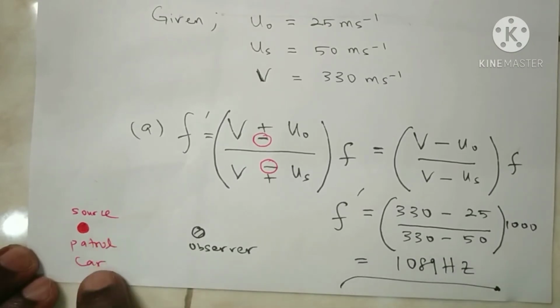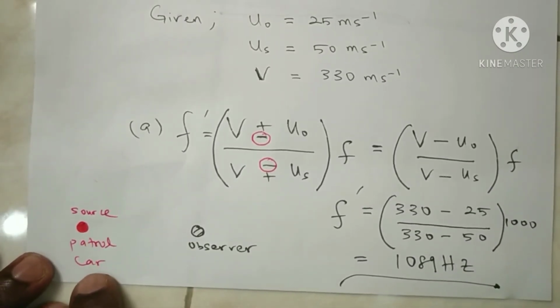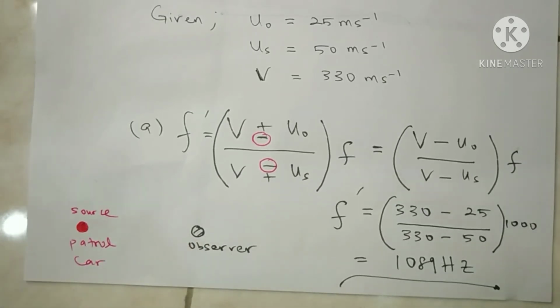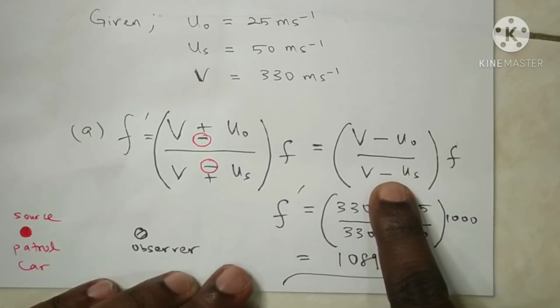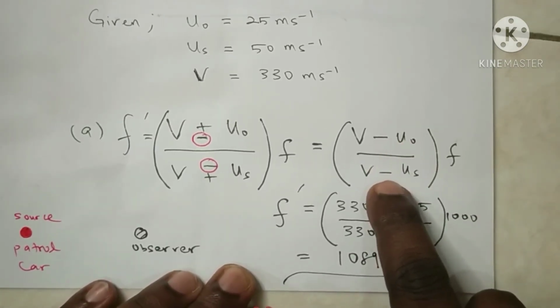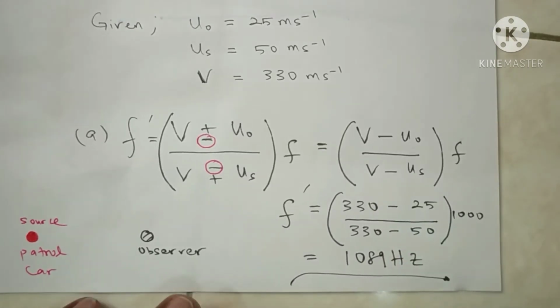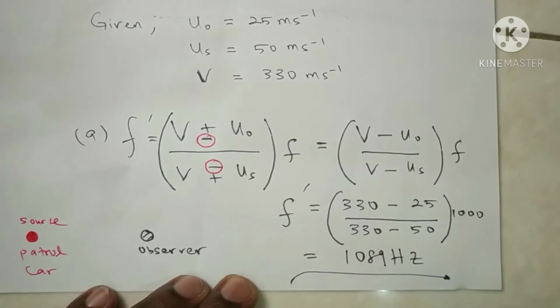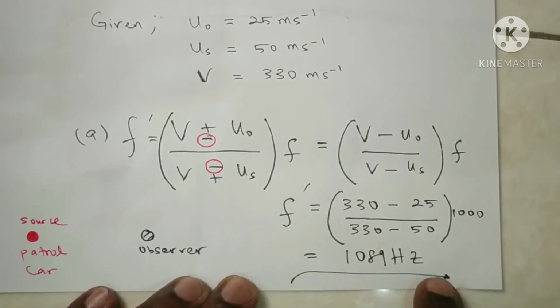Both are moving. So this is going to be a formula with the numerator negative, denominator negative too. So substitute all the values accordingly into this formula and the apparent frequency is 1089 Hertz.